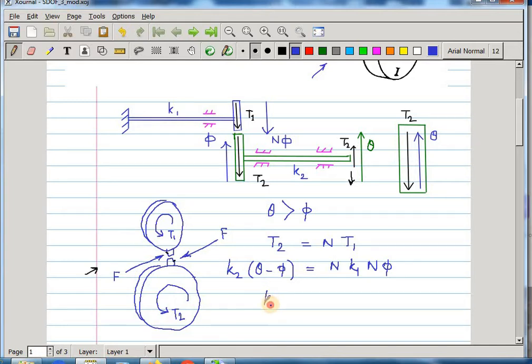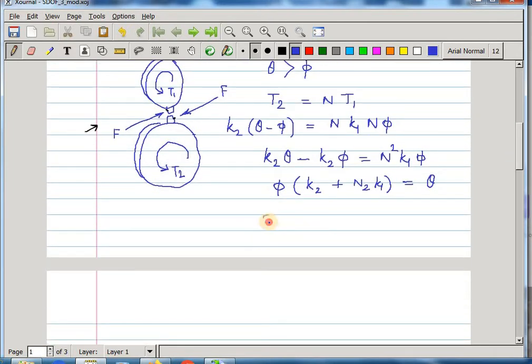That means K2 theta minus K2 phi is equal to N square K1 phi, or phi into (K2 plus N square K1) equals K2 theta, or phi equals K2 theta divided by (K2 plus N square K1).